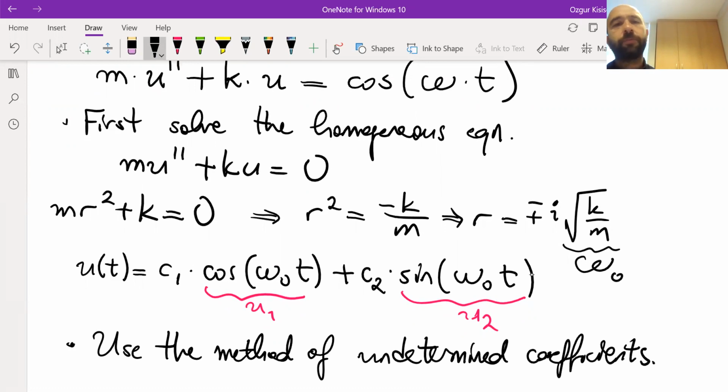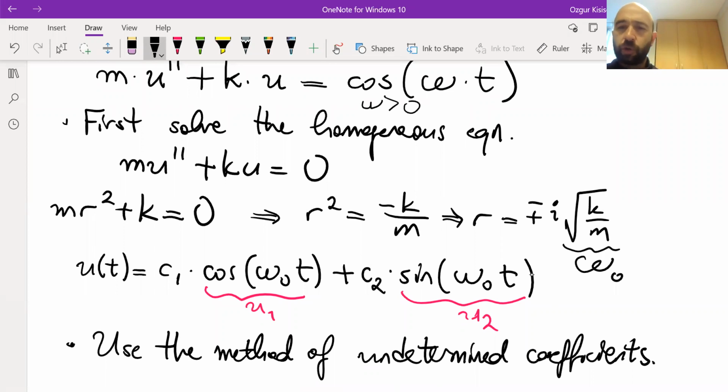Now, if you think about it, there are two cases to be careful about. One thing is, without loss of generality, we may assume that these frequencies are greater than 0, omega is greater than 0. Otherwise, cosine of minus omega t is equal to cosine omega t, so it doesn't matter.